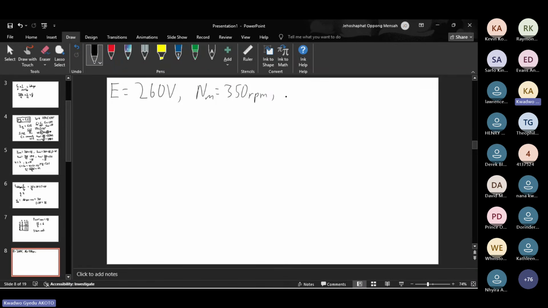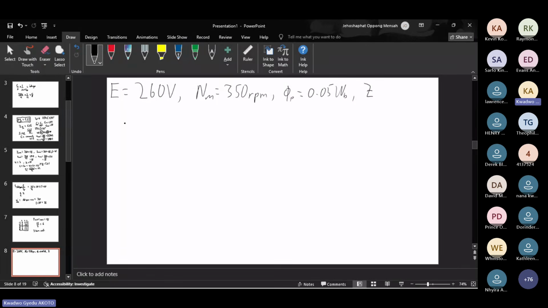We weren't given Z. We're given phi p, flux per pole, to be 0.05 Weber, right? And we are to find Z.